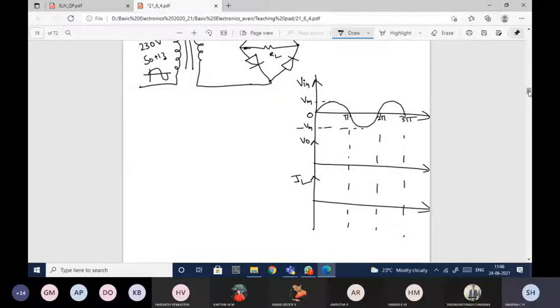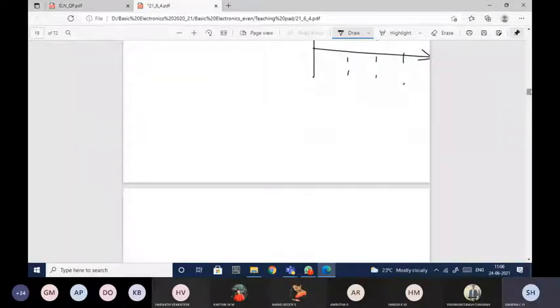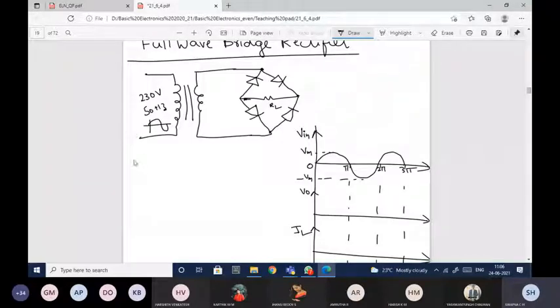So let us go with the positive half cycle. Case 1, positive half cycle. Positive half cycle in the sense it is from 0 to pi, so 0 less than or equal to omega t less than or equal to pi.